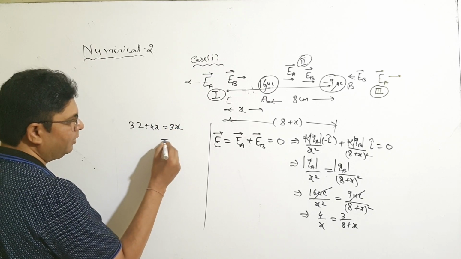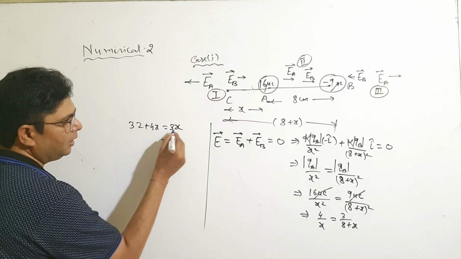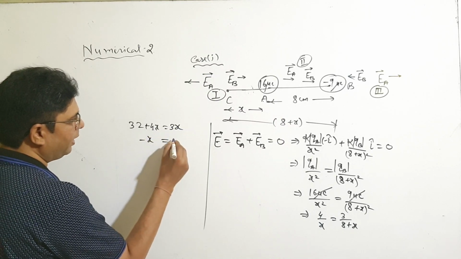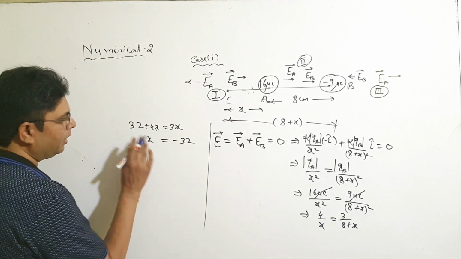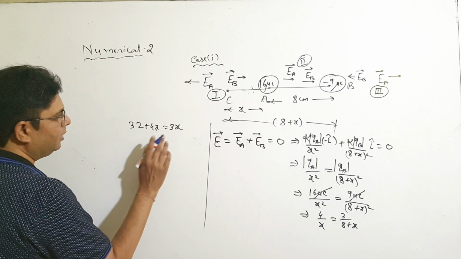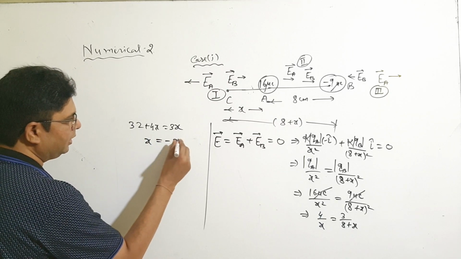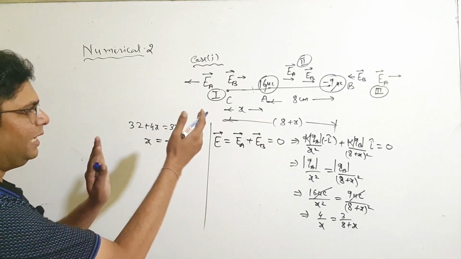So you have 4x on one side and 3x on the other, so minus x is equal to minus 32. Or it is better to write x is equal to minus 32. This minus sign means towards the LHS side.